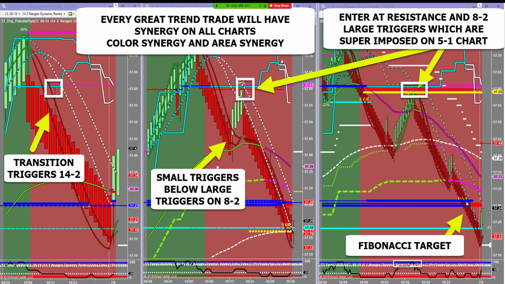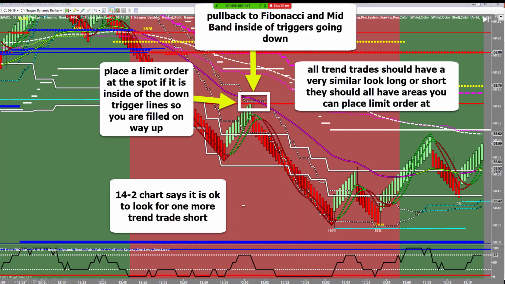So again, every great high probability trade that we do and that we teach looks this obvious. It's going to have all 3 charts in agreement, all 3 areas in agreement, and we haven't yet hit the target. Very simple. And again, this is just one chart all by itself, but you see the process.